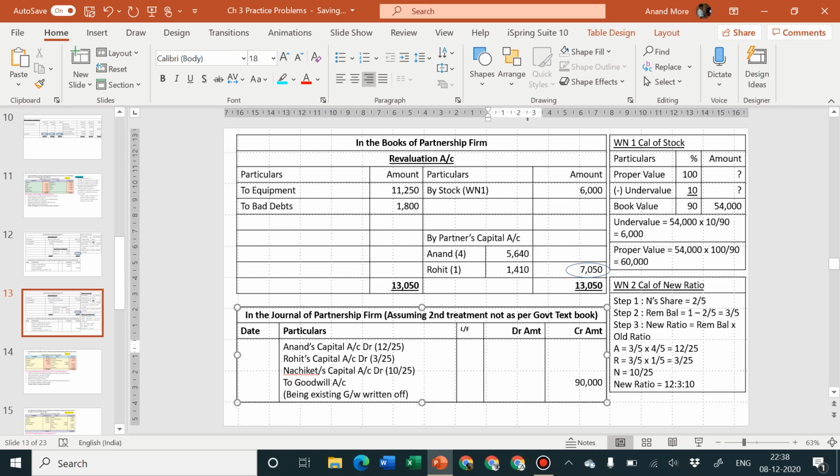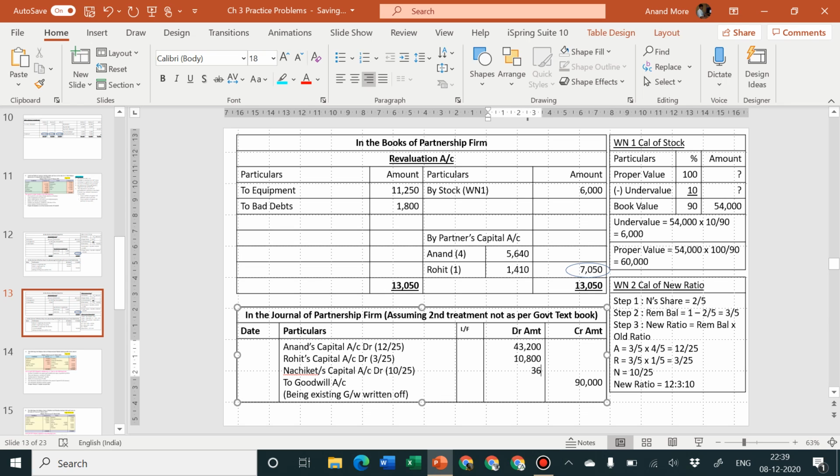This 3,600 is to be multiplied by 12. 3,600 into 12 is equal to 43,200. Then 3,600 into 3, that is 10,800, and 3,600 into 10, that is equal to 36,000.